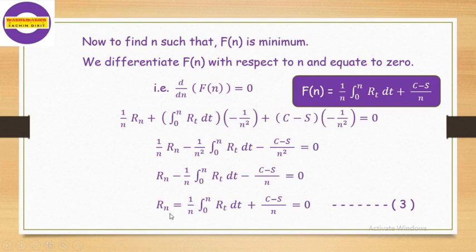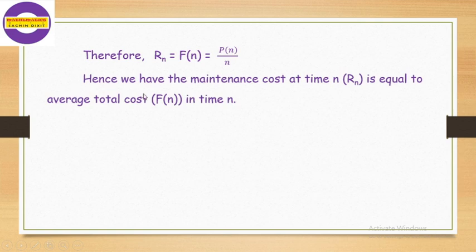That means we have shown that Rn is equal to f of n. But what is f of n? F of n is average total cost, that is Pn divided by n. Hence the maintenance cost at time n, that is Rn, is equal to the average total cost, that is f of n, in time n.